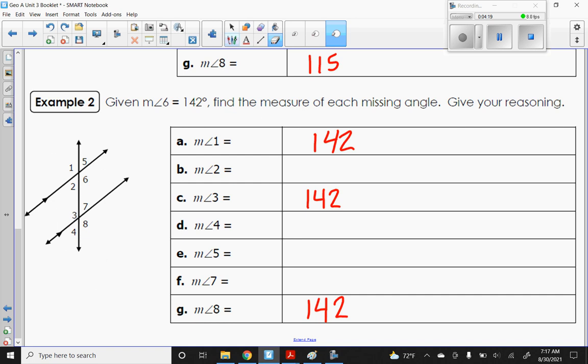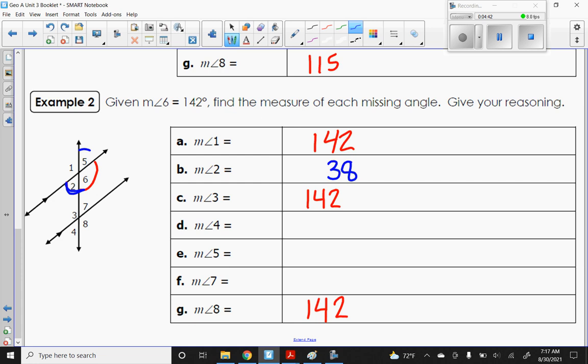So now I'm going to look at one combo. Let's look at the original angle 6. You can do a half circle right here with angle 2, and you can get your blue angle by taking 180 minus 142, and that will get you 38.